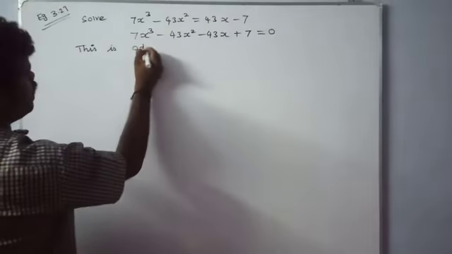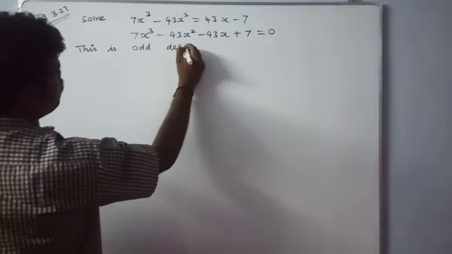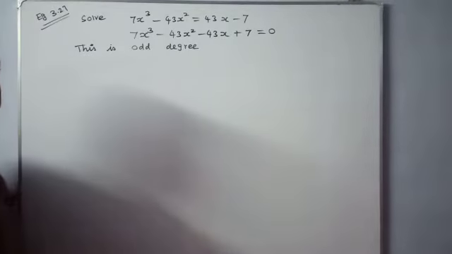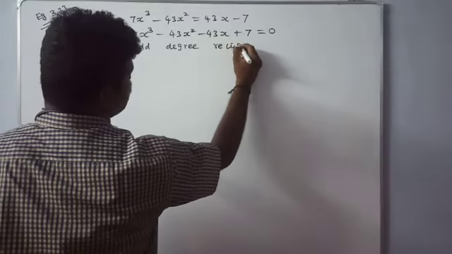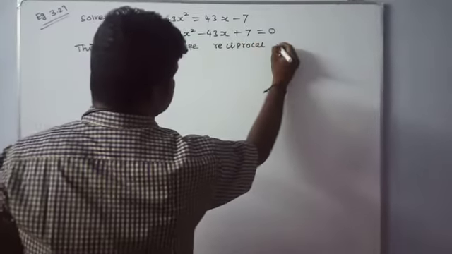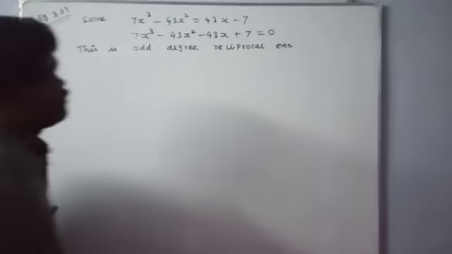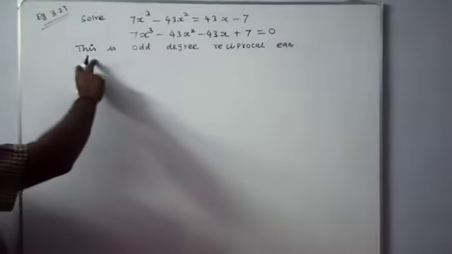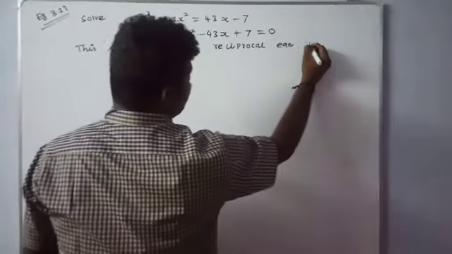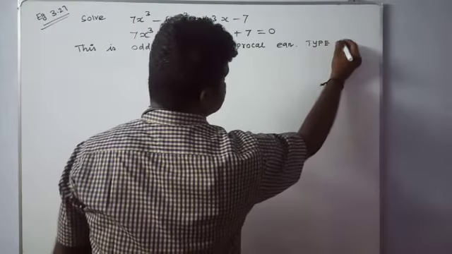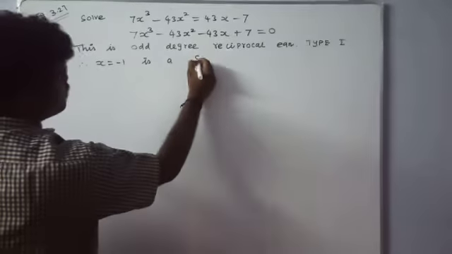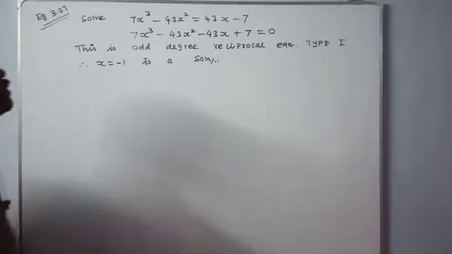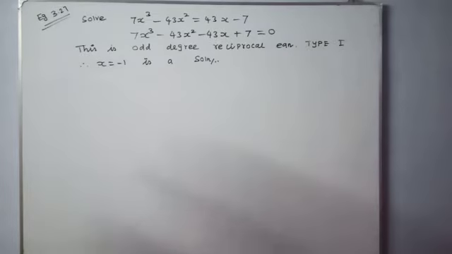This is the odd degree reciprocal equation. Already known that for an odd degree reciprocal equation of type 1, therefore x equal to minus 1 is a solution.